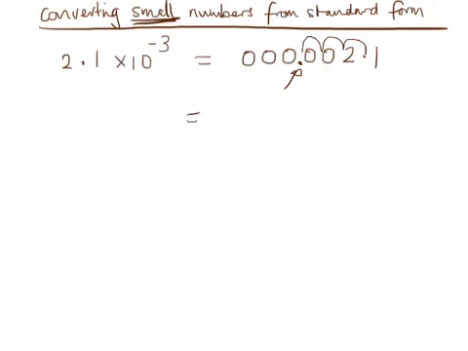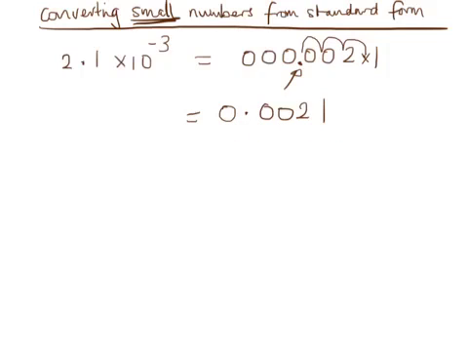Just to be absolutely sure, we've got 2 decimal points there at the moment, which isn't a good idea. We certainly don't want a number with 2 decimal points because it's ambiguous. So instead, we write 0 point, and then 2 noughts, 2, 1. 0.0021. Just go through that again. The decimal point would be here. We move it 1, 2, 3 times. So the answer is 0.0021.